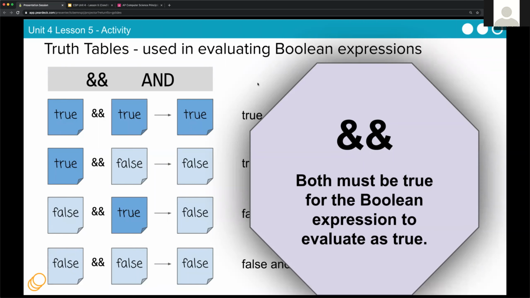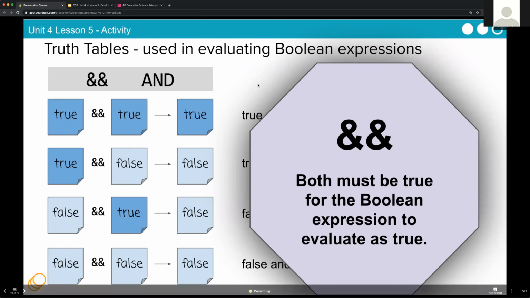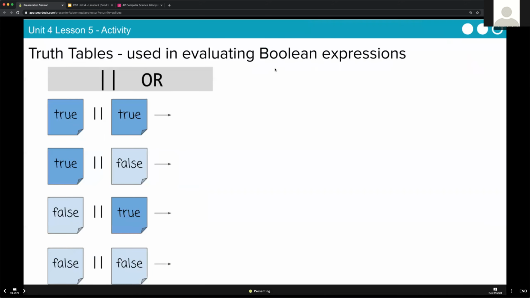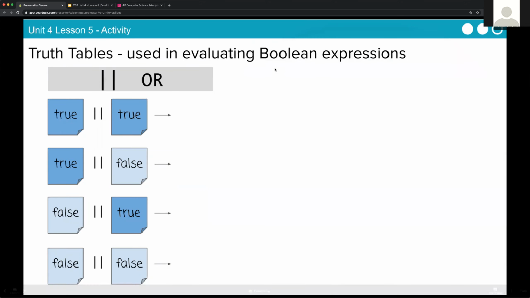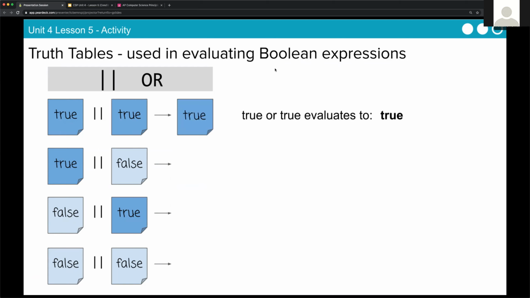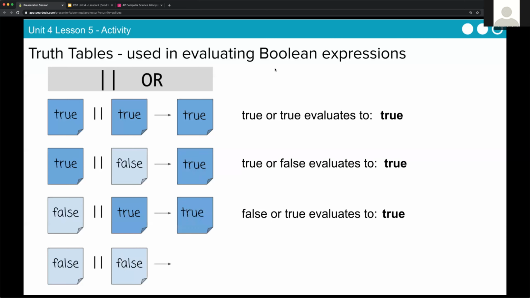Next, we're going to look at or, which is going to be a little bit different here. So here's or. Or evaluates like this. We've got true or true is going to be true. True or false, also going to be true. False or true is also going to be true.